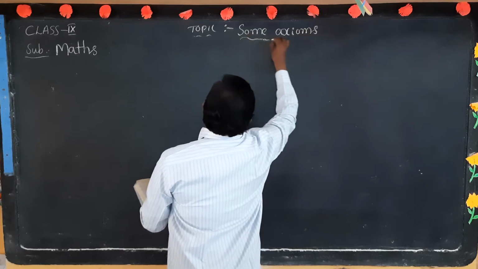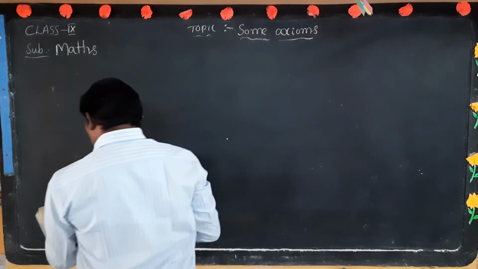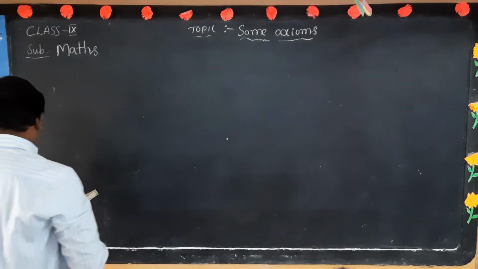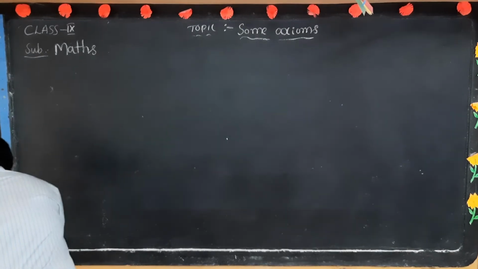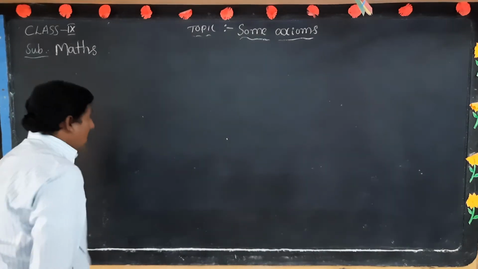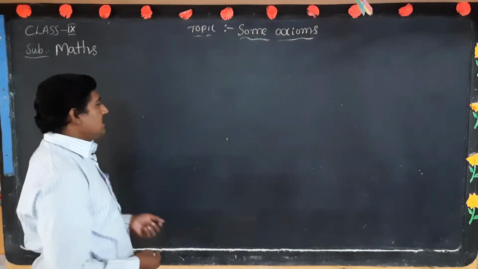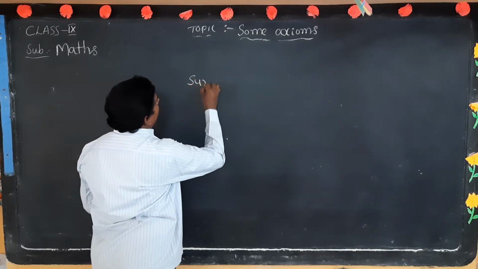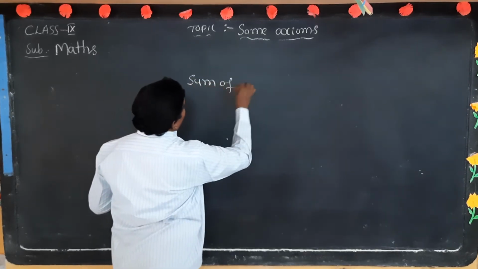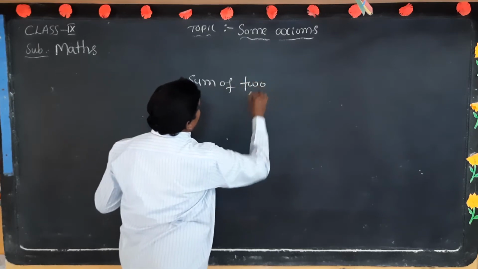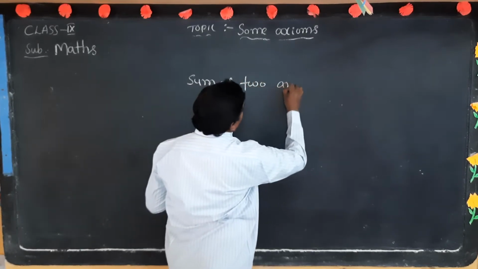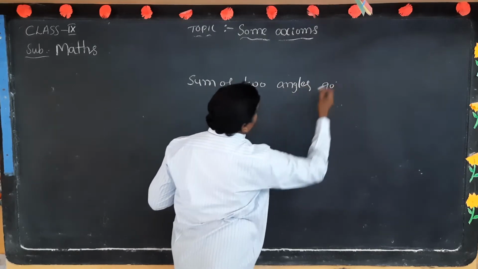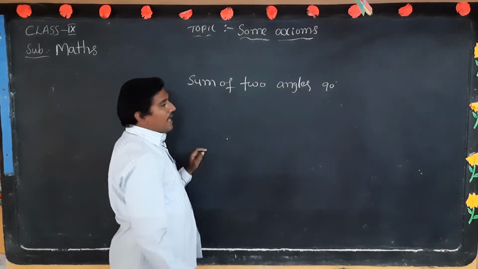Okay, in that, the first one is the linear pair axiom, which we already discussed. See, if the sum of two angles is equal to 90 degrees, we call them complementary angles.